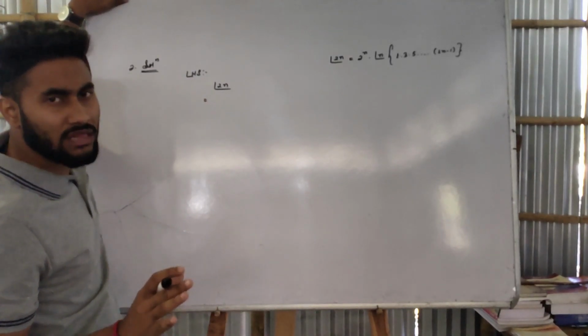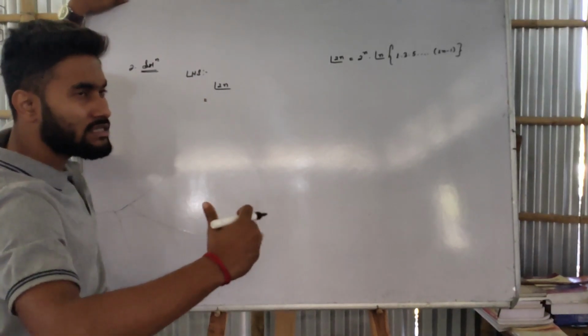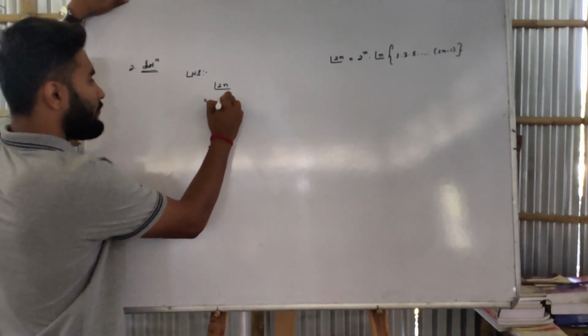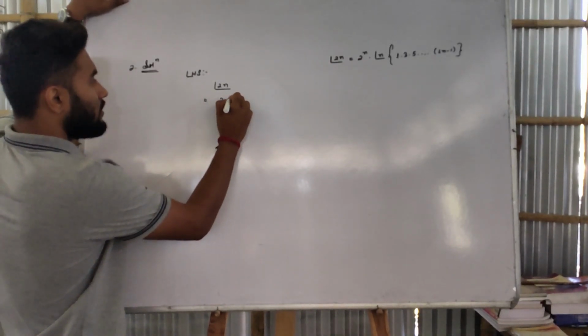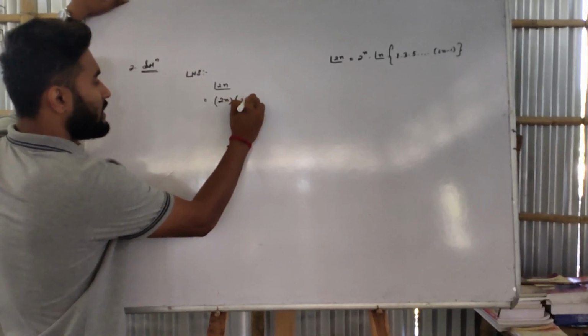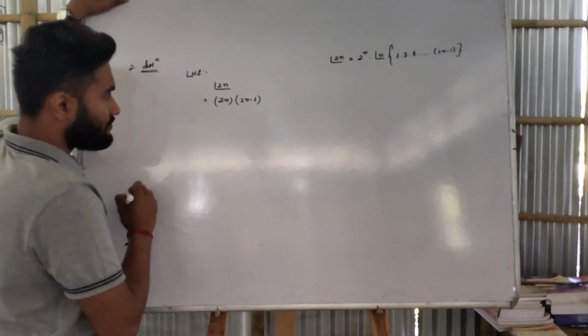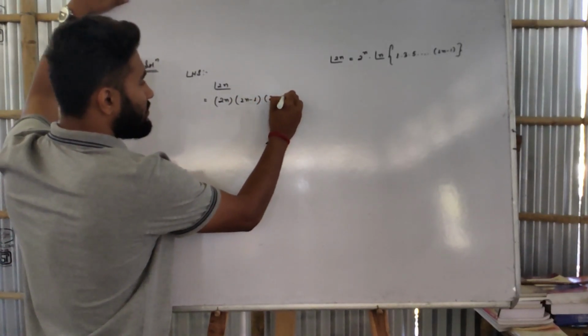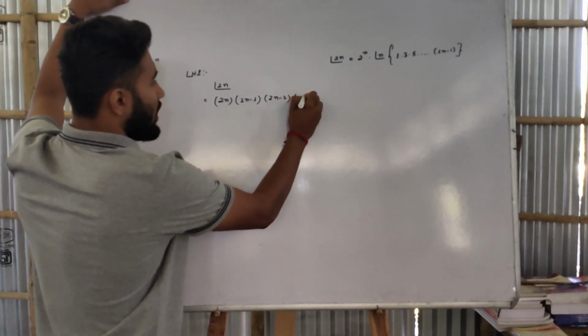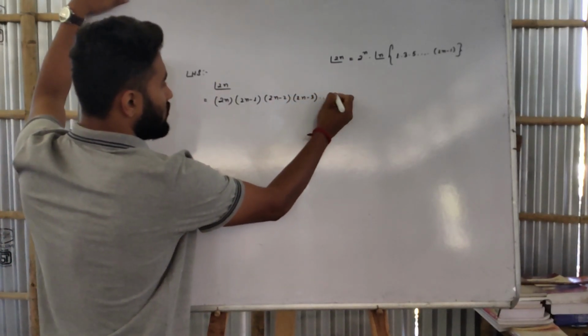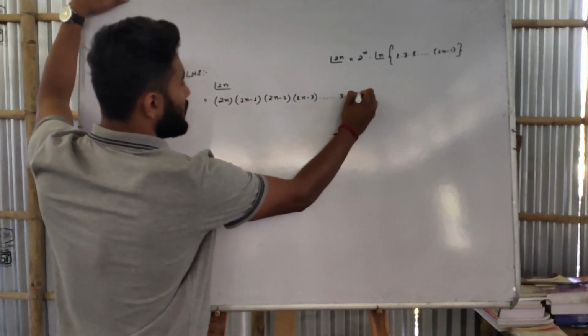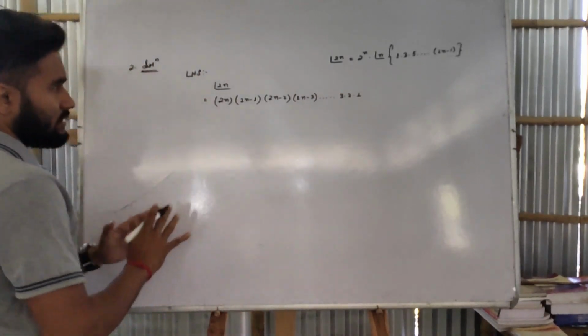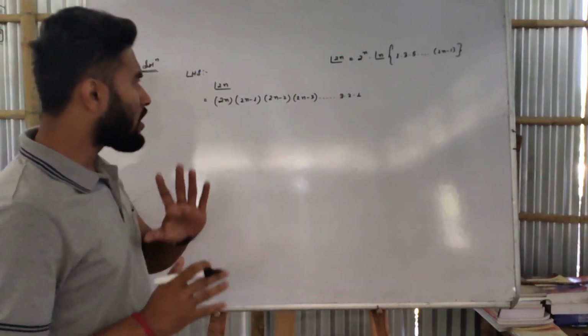Same process: whenever you open the factorial chain, it will decrease by 1. So at first it will be twice n, next will be twice n minus 1, twice n minus 2, twice n minus 3, and dot dot dot 3 into 2 into 1. Simple, nothing difficult.